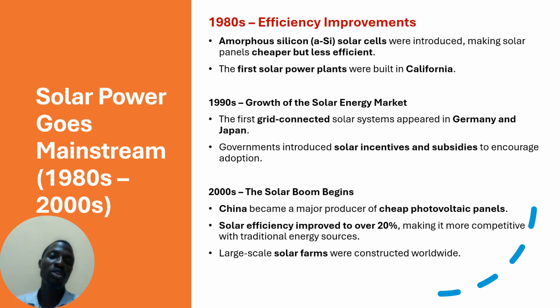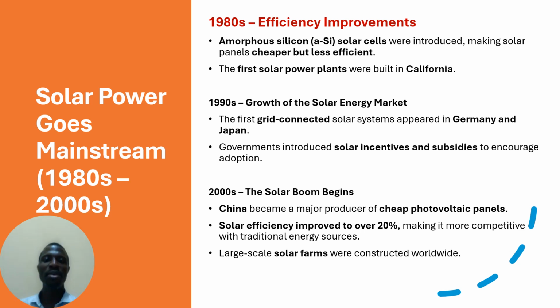And most importantly, at this time, the need to reduce the dependency on fossil fuel and the awareness of the effect of burning fossil fuel on climate change had increased, inducing the drive to encourage the development of the solar energy market. And by 2000, the solar boom begins.